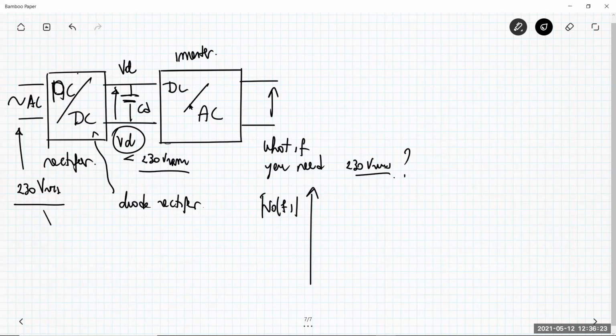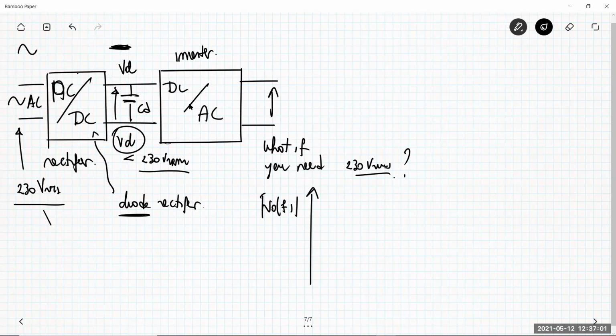Supposing I have 230 volt root mean square of the sine wave at the input, when you rectify it, the constant voltage VD that you can obtain is not able to reach exactly 230 root mean square, but something less, because you have, for example, diodes in the bridge rectifier. You have losses. It can be, I don't know, 215 root mean square.